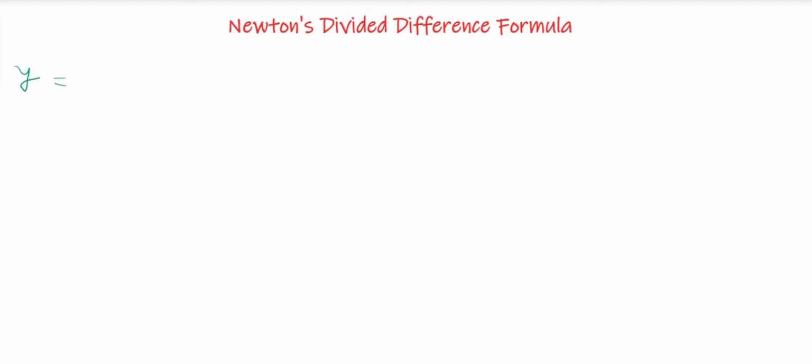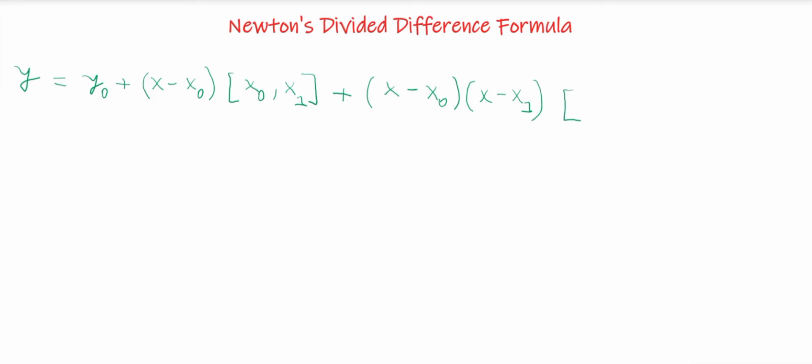The formula is like this: y is equal to y naught plus (x minus x naught) into, in square brackets, [x naught, x1], plus (x minus x naught) into (x minus x1) into square brackets [x naught, x1, x2], plus (x minus x naught) into (x minus x1) into (x minus x2).